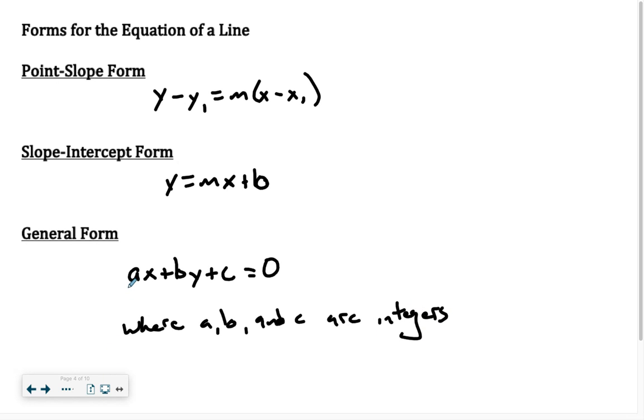This one is actually useful for finding intercepts of a line, but it's probably the one that we'll use least often. We will use these 2 forms of a line most often: point slope, if we know a point and the slope, and slope intercept, if we know the y-intercept and the slope. Okay, so let's take a look at a few problems here.